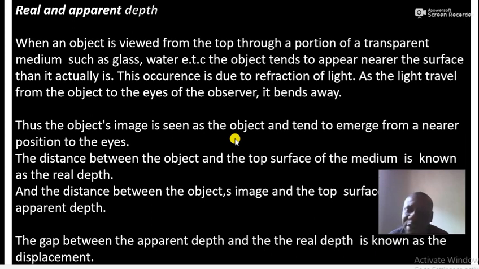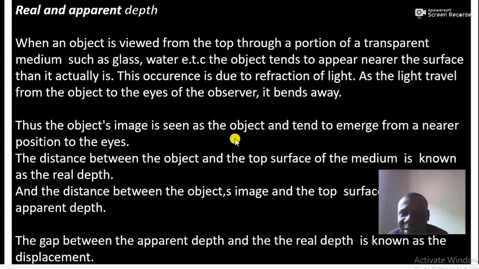Why? For instance, an object that is kept underwater or any other transparent medium different from air, when viewed from the air above, you can see that object to be closer to air or to the boundary face separating air and the medium where the object is kept.